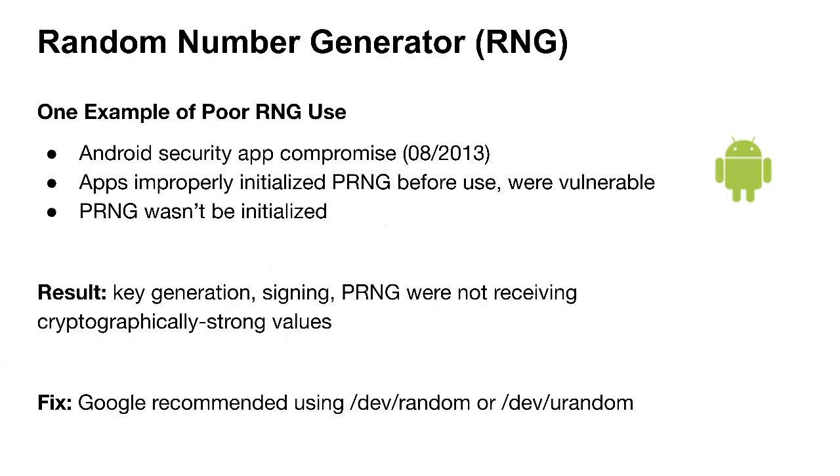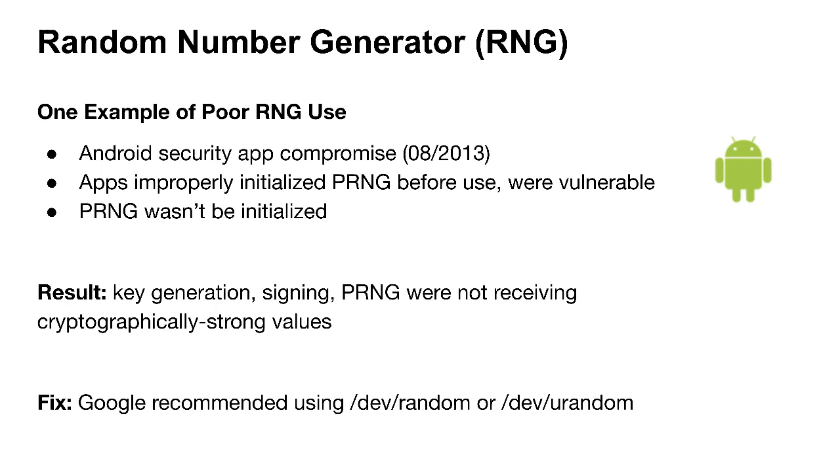There's lots of examples out there of people using RNGs or seeding them incorrectly. Just one that we noted here was in 2013. There was an issue on Android where applications, if they didn't explicitly initialize the PRNG and seed it, were using bad entropy.